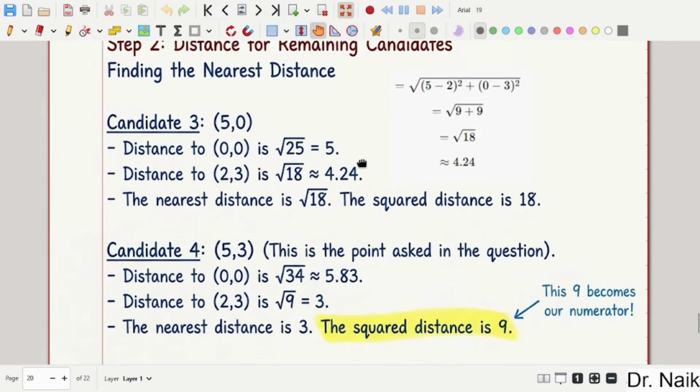Similarly, calculate the distance for the other 2 points, (5, 0) and (5, 3). For the candidate (5, 0), the nearest distance is the square root of 18, so the squared distance is 18. For candidate (5, 3), the nearest distance is 3. Square it, so it becomes 9.